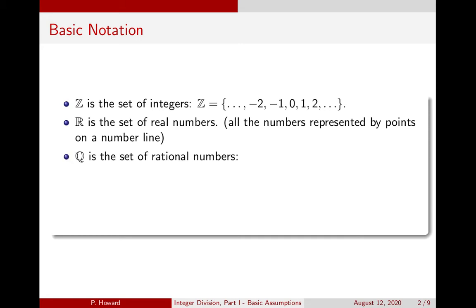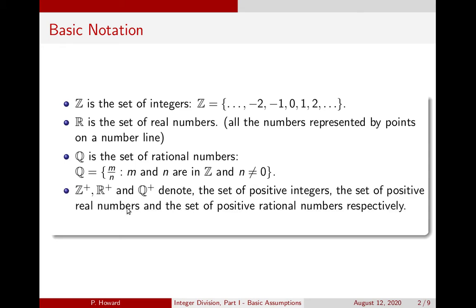Capital boldface Q is the set of rational numbers. So these are the fractions, m over n, where m and n are integers, and n is not equal to 0. And if we use a superscript plus on any of these sets, that will denote the positive numbers in the corresponding set.